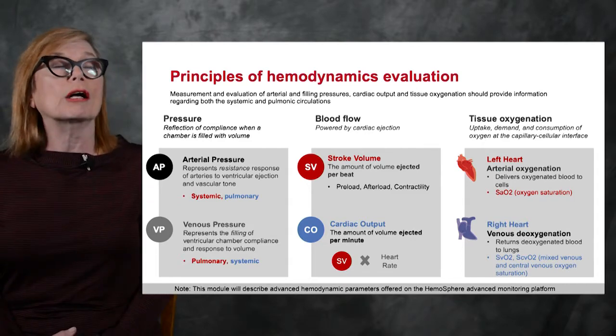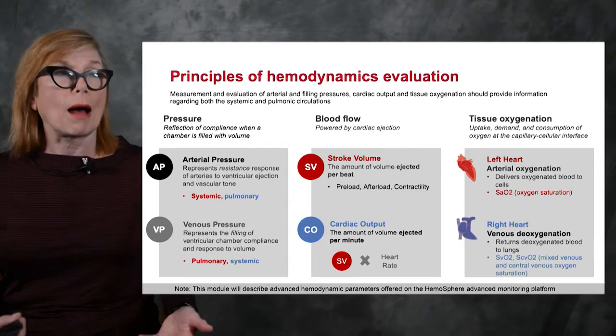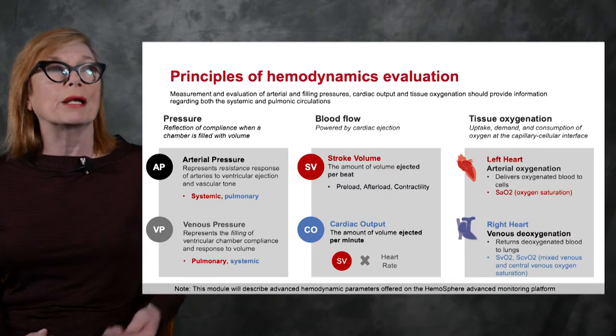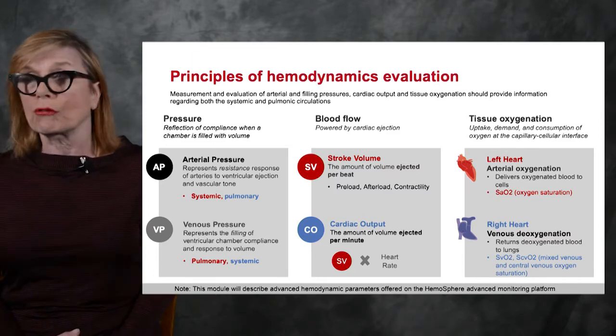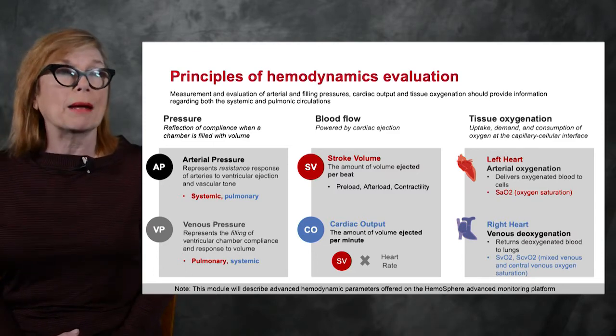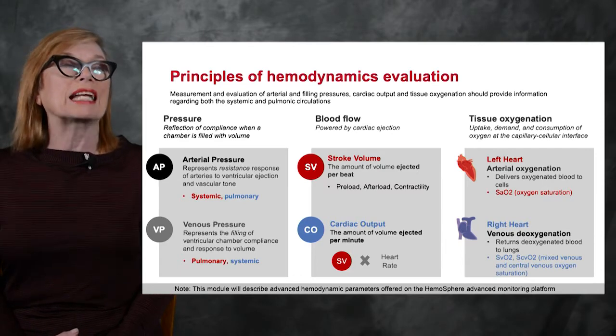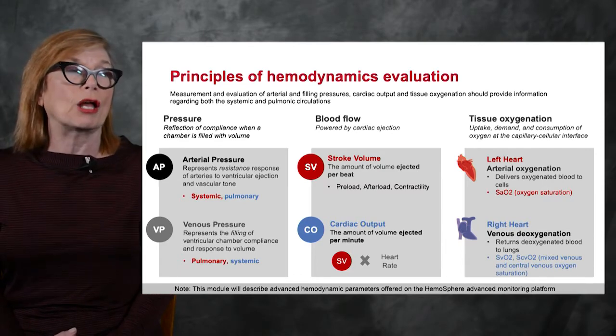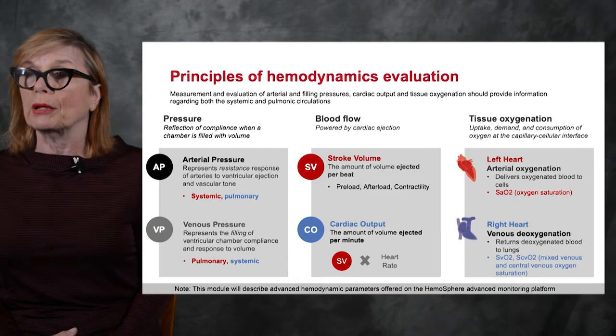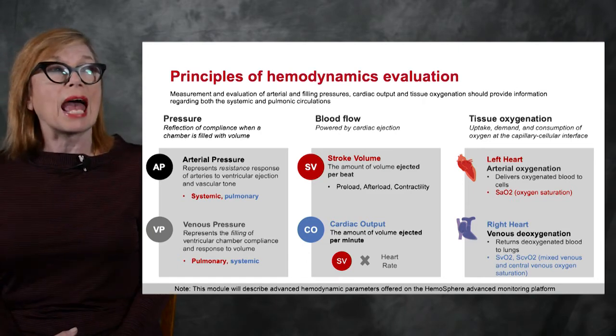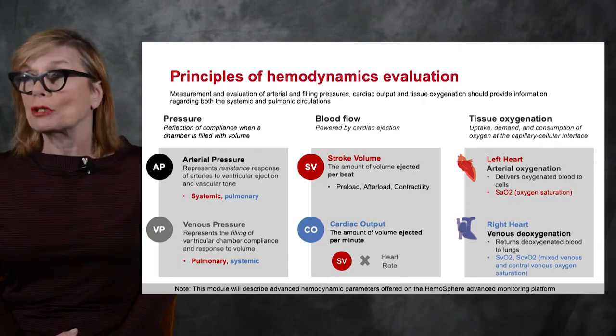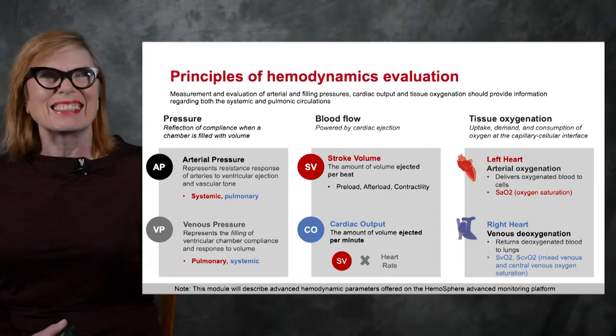And so we talk about the right heart propagation of volume into the pulmonary bed. And the volume that the right heart propagates is primarily a relatively deoxygenated blood flow. Now, that deoxygenated blood flow is commonly known as SvO2 or ScvO2. And a lot more about that a little bit later.